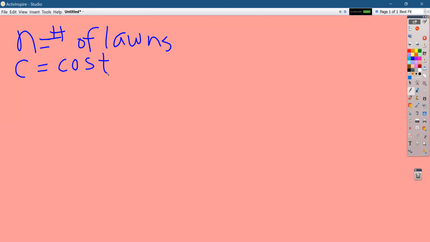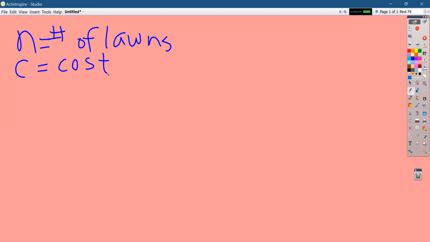Now I want to explain something here. This is the cost for Alex to mow. What does Alex have to pay to even be able to mow? What we know is he had to buy a mower, and that cost him $200. And he has to buy fuel for his mower, and that costs 50 cents, I believe, per lawn. So it's the cost for Alex to mow.